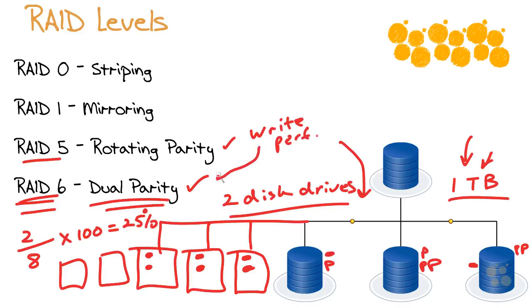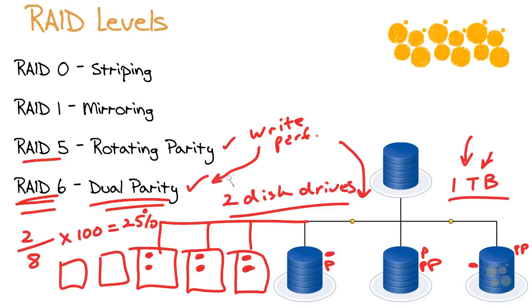In fact, write performance suffers worse in the dual parity environment. So performance is the issue, especially write performance, and in fact RAID 6 would be a very poor choice if we had a lot of small block random writes that our disk system had to do.